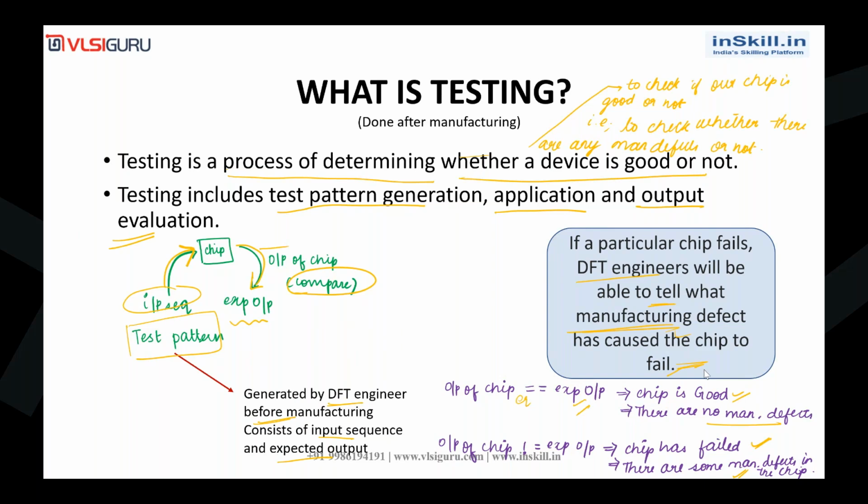If it is equal, the chip is good; there are no manufacturing defects. If it is not equal, the chip has failed; there are some manufacturing defects in the chip. If a particular chip fails, DFT engineers will be able to tell what manufacturing defect has caused the chip to fail. Okay. And what are these manufacturing defects?